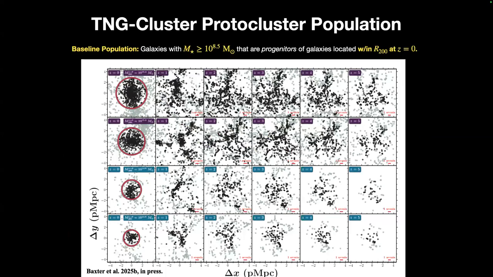Okay, so what do these look like? This is 4 different clusters at redshift 0. These are 2 in the more massive bin, 2 in the intermediate mass bin. And then these are the same structures at redshift 1, 2, 3, 4, and 5. The way that we defined protoclusters is we took all of the galaxies at redshift 0 within this red circle, which is R200 at redshift 0.